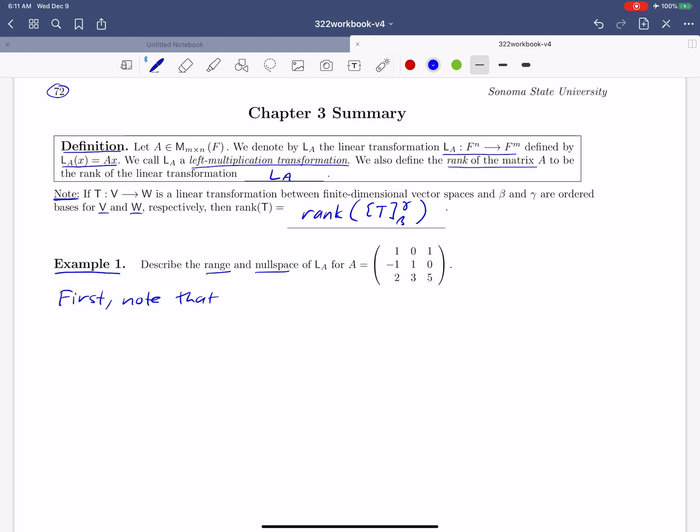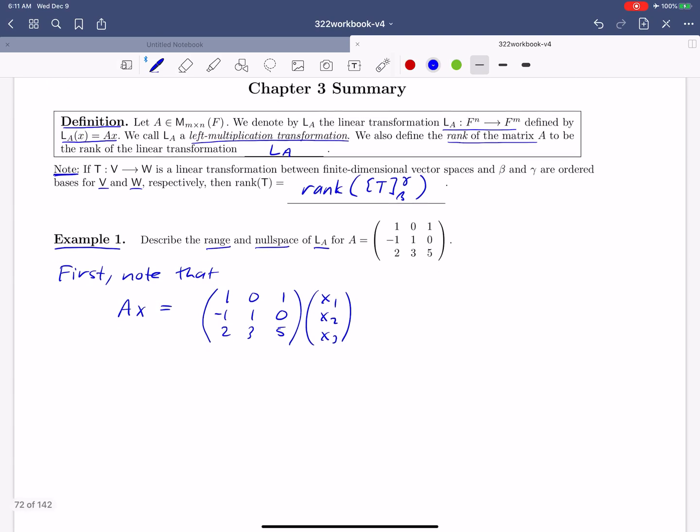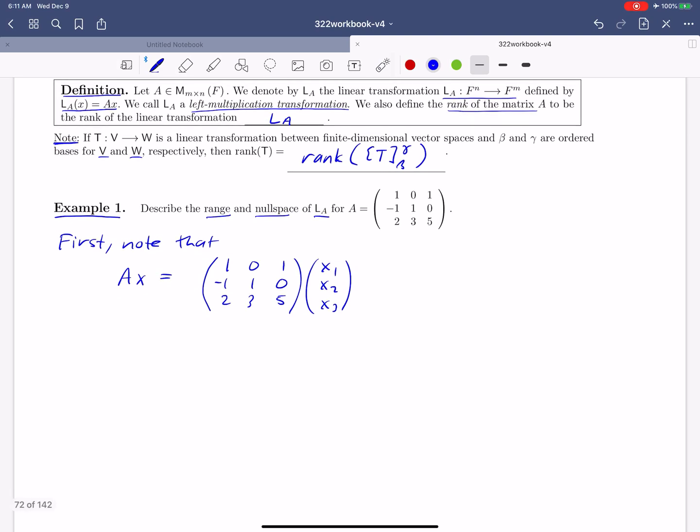We will note that if we look at Ax, that's intimately related to this left multiplication operator. We want to take a look at that expression. So A times x would look like the matrix that they gave us times a vector. So that the dimensions work out, that vector is going to be a 3 by 1. We'll label it x1, x2, x3. I want to play with that expression and see what that really looks like.